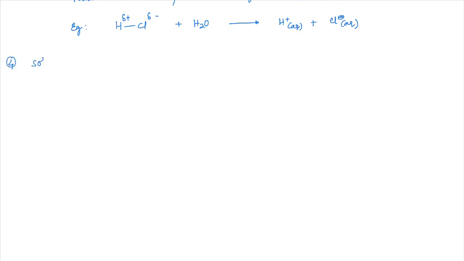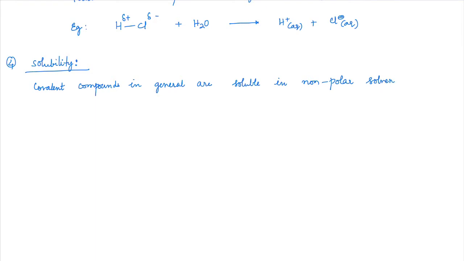Fourth important aspect is solubility. Generally, covalent compounds in general are soluble in non-polar solvents, because we'll always have the perception that when we have covalent compounds, they may not have a lot of dipole moment.